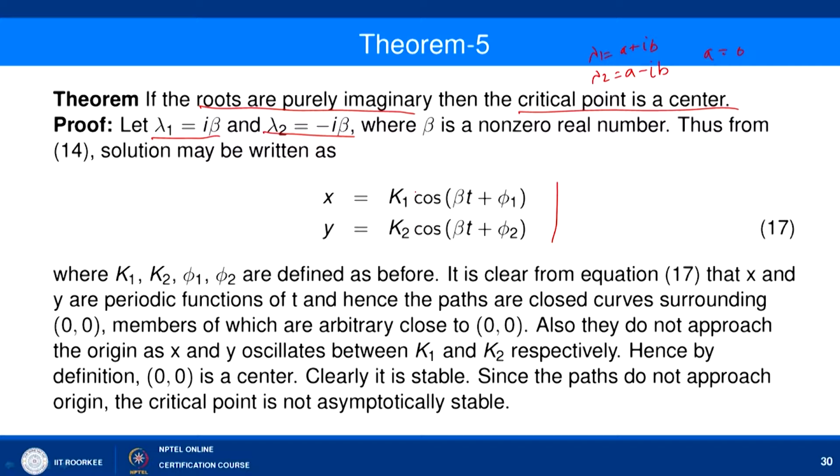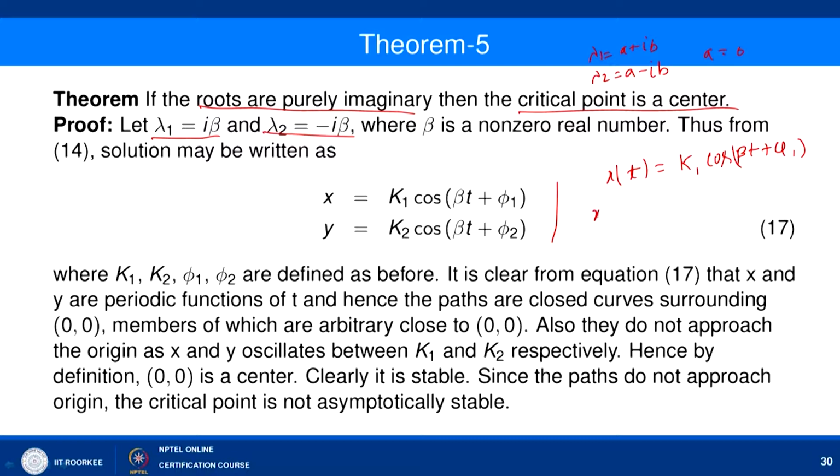and it is clear from this equation number 17 that x and y are periodic functions of t. If you look at here, this is your x of t. So, x of t is equal to k1 cos of (beta t plus phi 1).